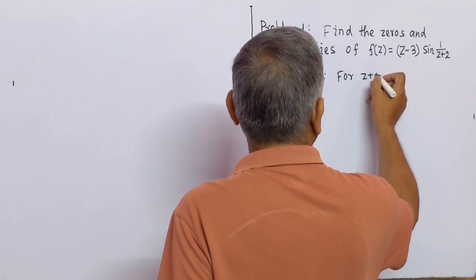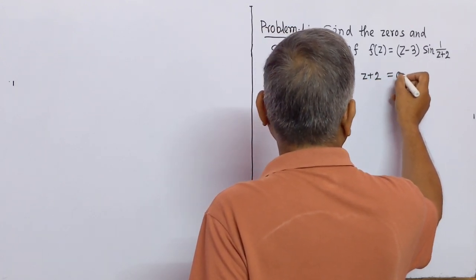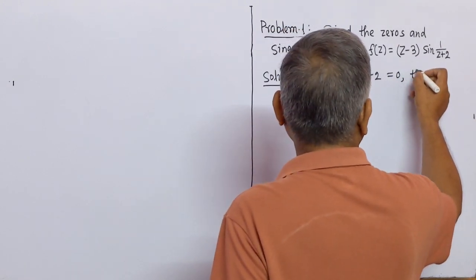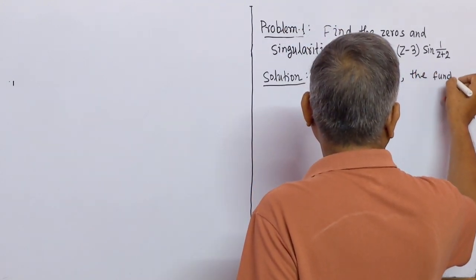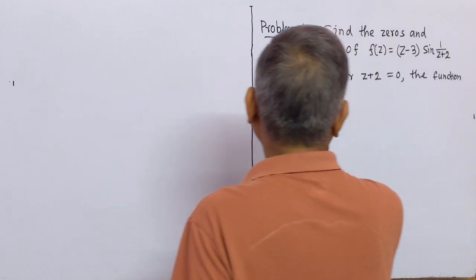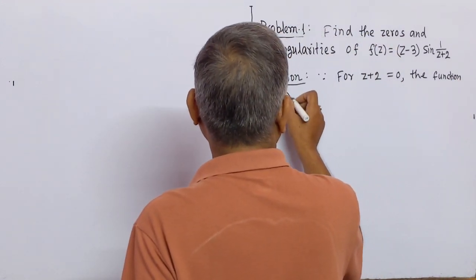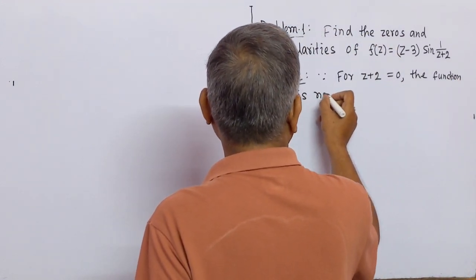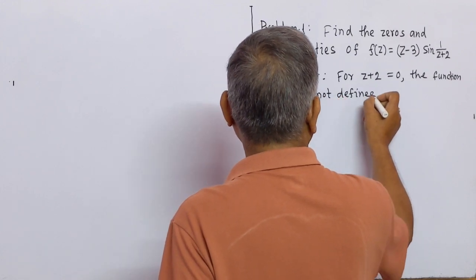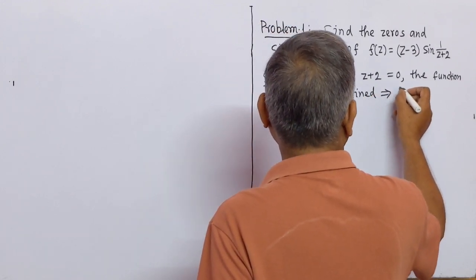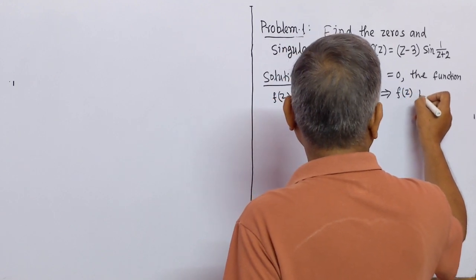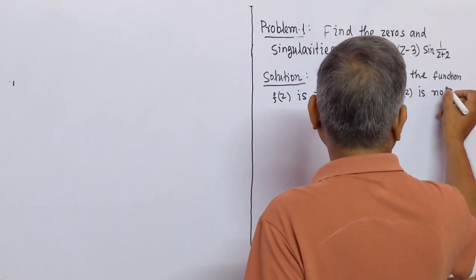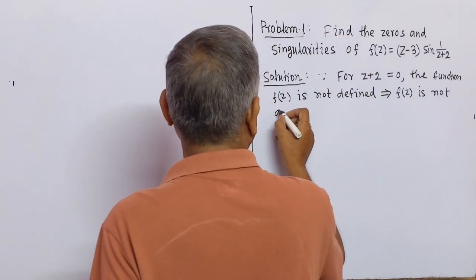Since for z + 2 = 0, the function f(z) is not defined, it implies that f(z) is not analytic.